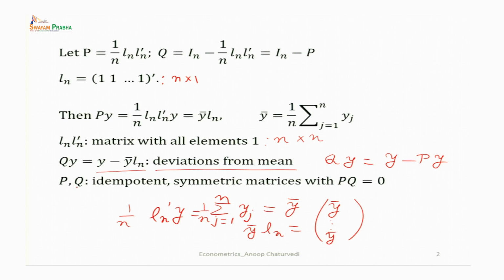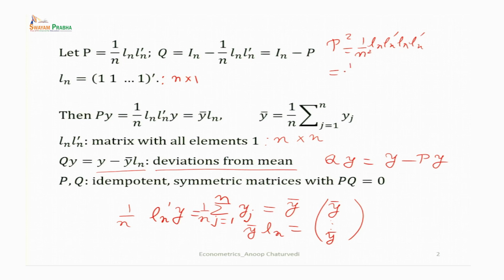Further, you can easily verify that P and Q are idempotent symmetric matrices. If you take the square of P, then this is equal to 1 upon n square l n l n transpose l n l n transpose. Then l n transpose l n is equal to n.